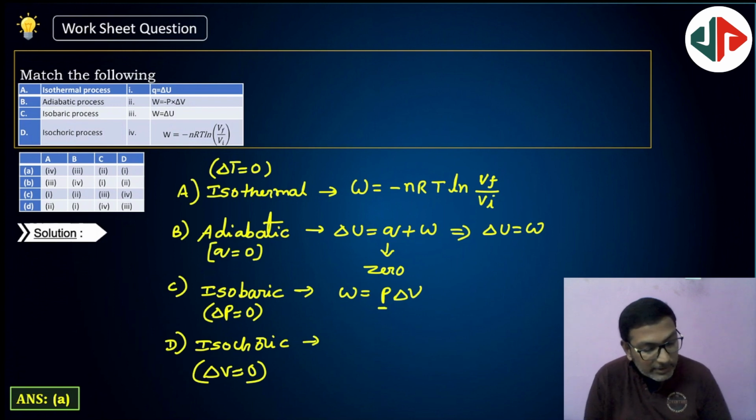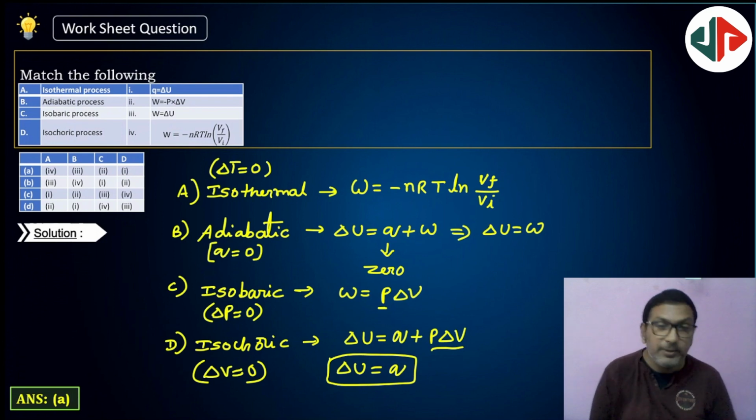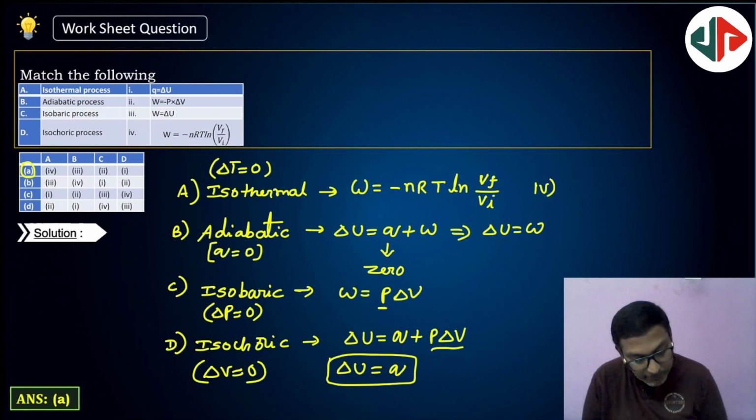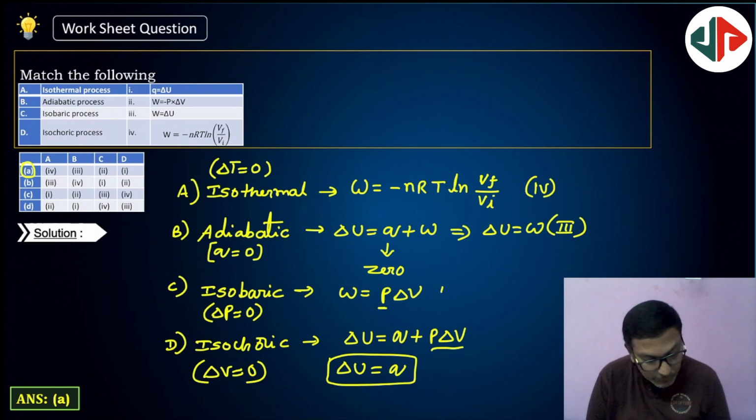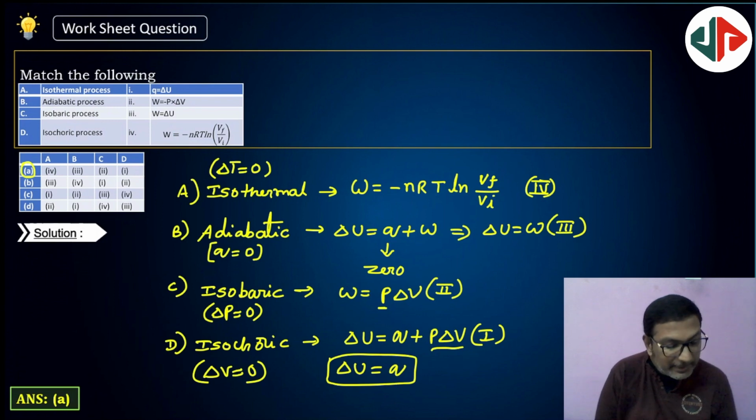If delta V equal to 0, we know delta U equal to Q plus W. In place of W, you can write P delta V. So constant volume means this will become 0, delta U equal to Q. So from these options we can select A: A4, B3, C2, D1.